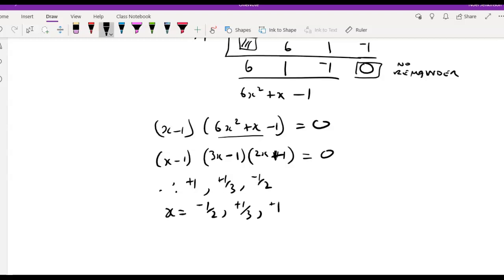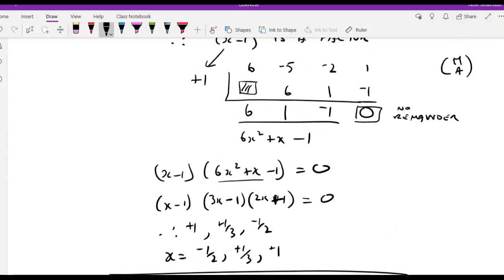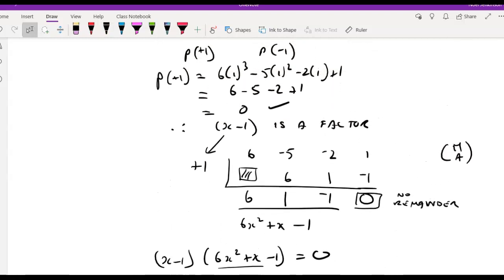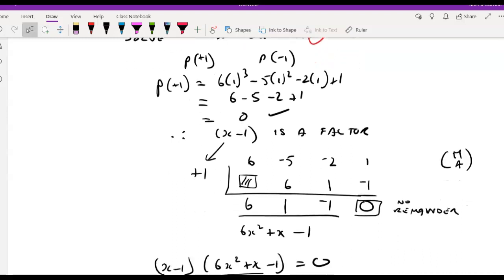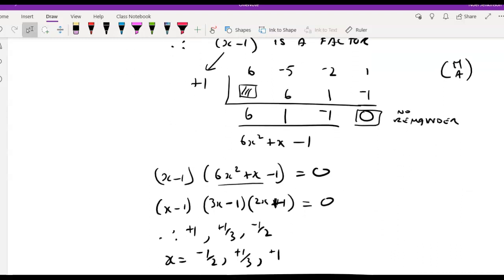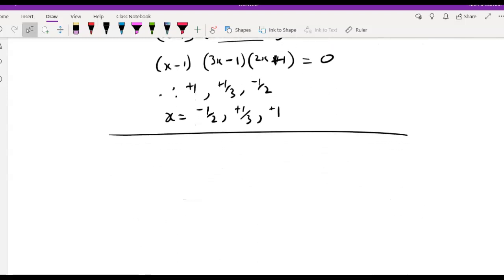Don't need those pluses, doesn't matter. There are the solutions. So that was a method that involved using the factor theorem up here. Remember the factors of the 1. Using synthetic I used there to get the quotient and solving the problem.